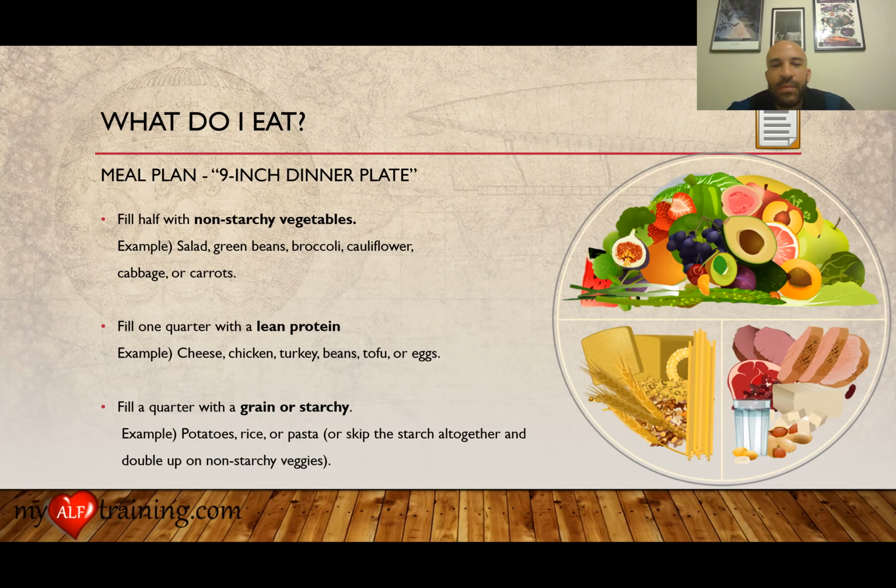Now, we have our omelet, with 1/4 of the plate with eggs and meat, and another 1/4 of the plate with their grain or their starch. So this will be their toast, or their biscuit, or their hash browns. That will be next to the eggs and the meat.